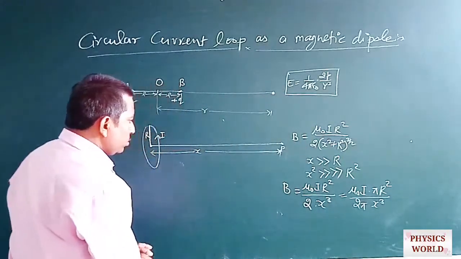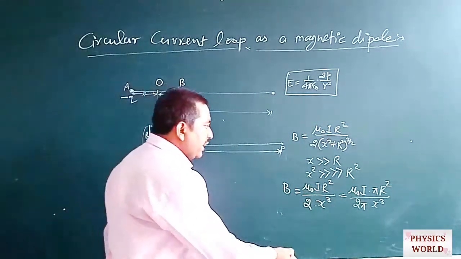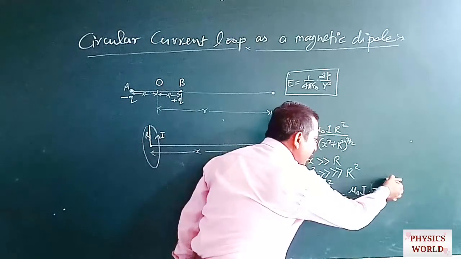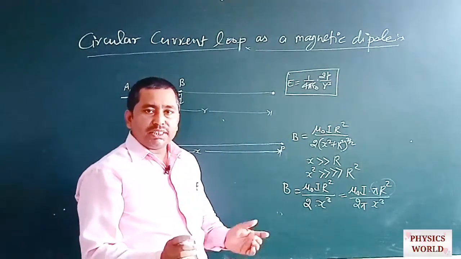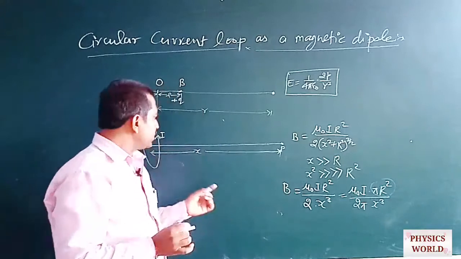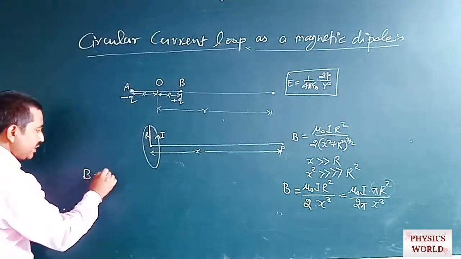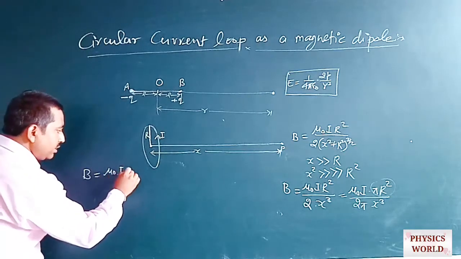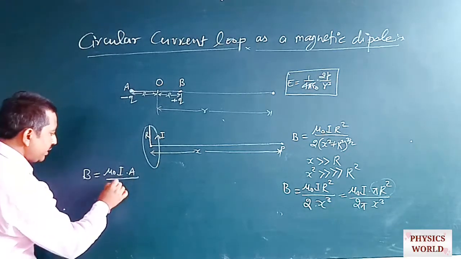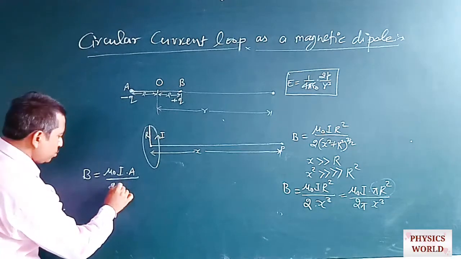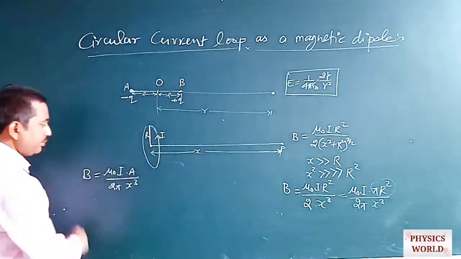Alright, so we can replace this pi r square by a term A, that is the area of the circular current loop. So from here we get B is equal to mu 0 I A divided by twice of pi x cube.